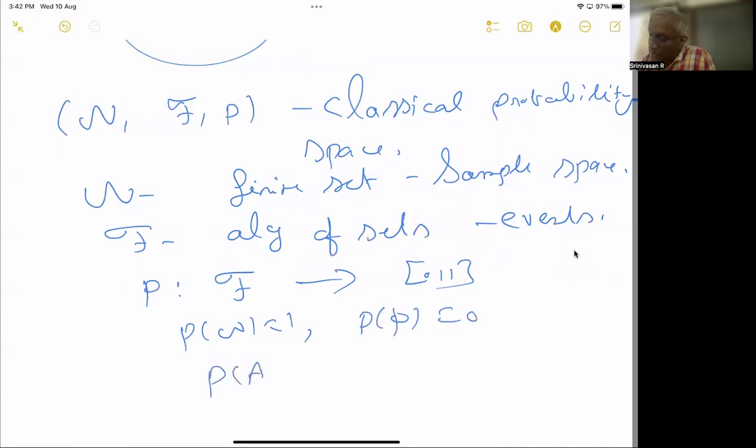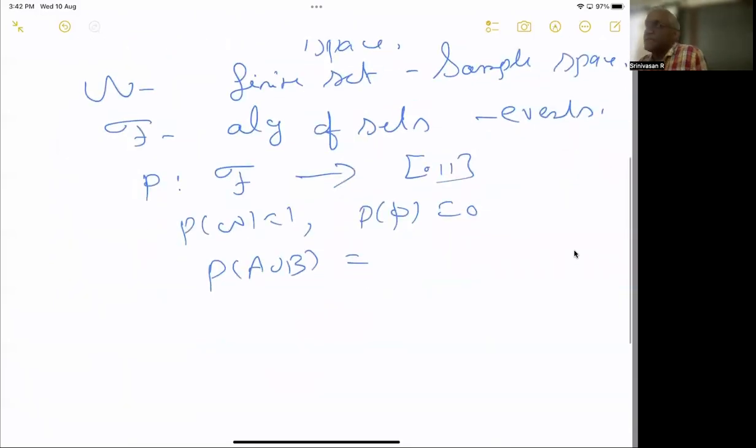and P of A union B equal to... There are more conditions, but since we are dealing with a finite set, we don't have to worry about it. Otherwise it has to be countably additive. So we are only dealing with finite sets, which is just P of A plus P of B if A intersection B is empty.